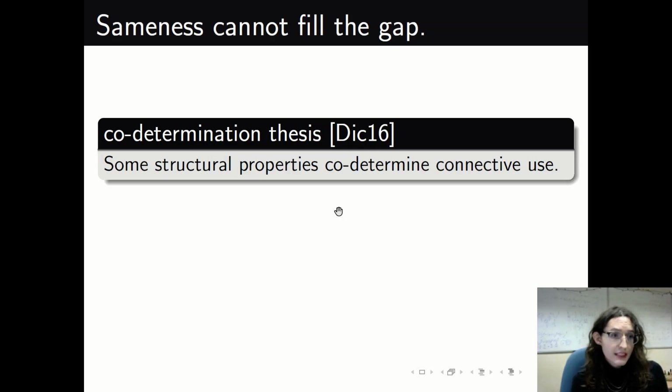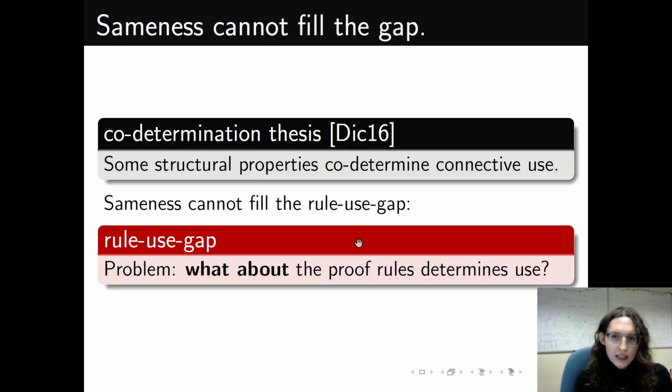Some structural properties, according to this thesis, co-determine the way we use connectives, right? And this shows something is fishy with sameness. Sameness doesn't seem to be in a position to tell us the full story, to fill this explanatory gap, the rule use gap that we started off with, in a satisfactory fashion. So what now? Seems like we're back to square one. We're trying to fill the rule use gap. Or are we?